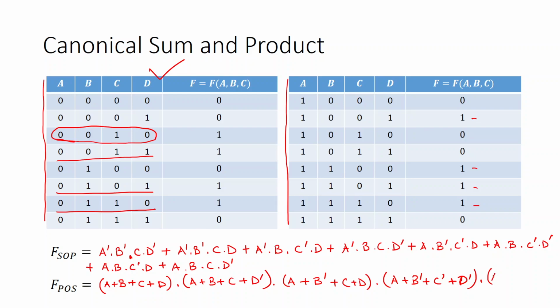What are the other max terms that we have missed? So here A dashed or B or D, then other terms, how many other terms are there? 3. Okay, let's start from here. A dashed or B or C dashed or D, and A dashed or B or C dashed or D dashed, and A dashed or B dashed or C dashed or D dashed.